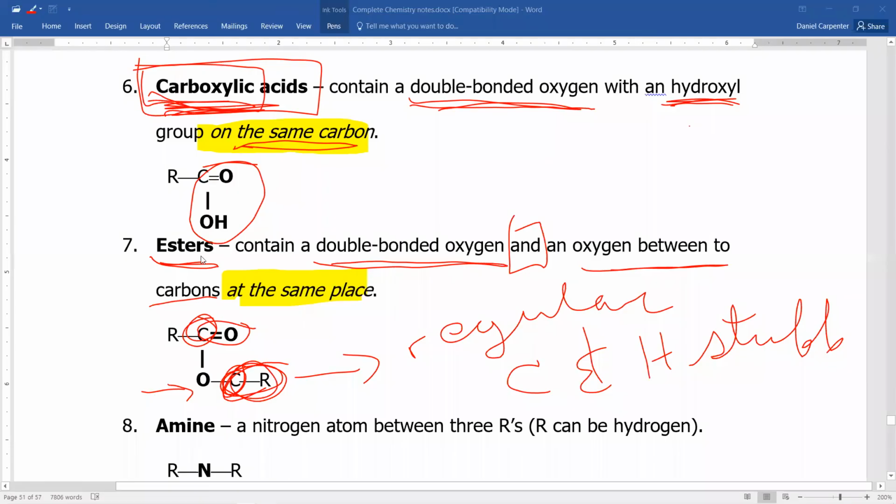So maybe when I ask it on quizzes, it'll be like, which one of these has a double bonded oxygen and an oxygen between two carbons, or what am I looking for in an ester, something like that.